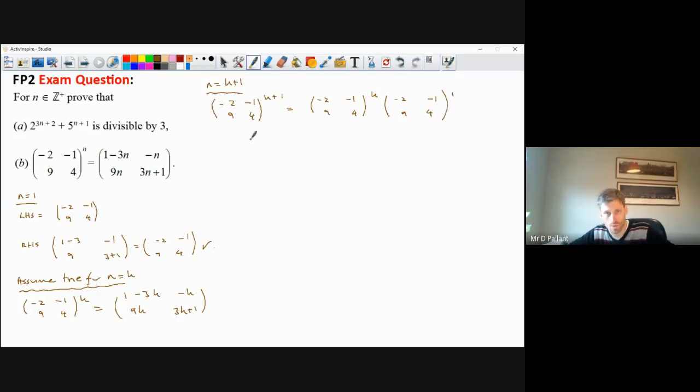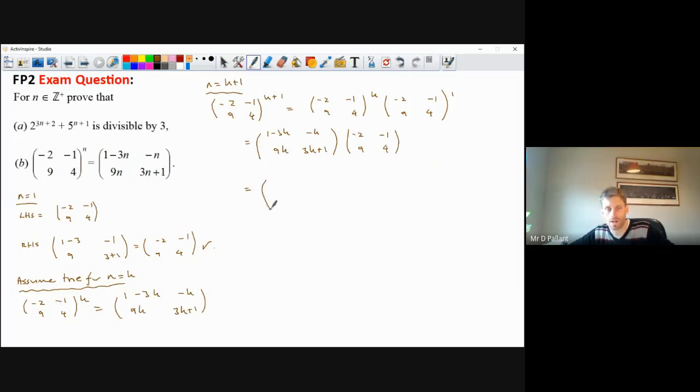Now, we know that that one there, the power of k, using this down here, is 1 minus 3k, 9k, minus k, and 3k plus 1 times -2, -1, 9, and 4.